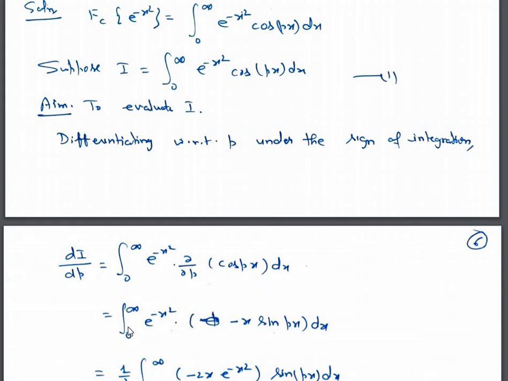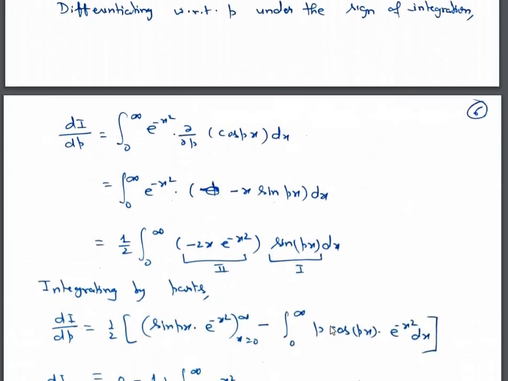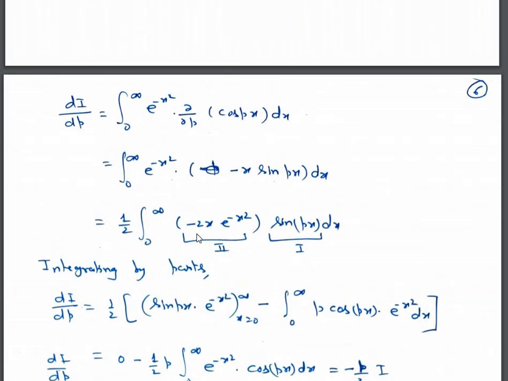So this is equal to integral 0 to infinity e to the power minus x square, and the partial derivative of cos px with respect to p is minus x sin px dx. So dividing by 2 and then multiplying by 2, write it as 1 by 2 integral 0 to infinity minus 2x e to the power minus x square into sin px dx.